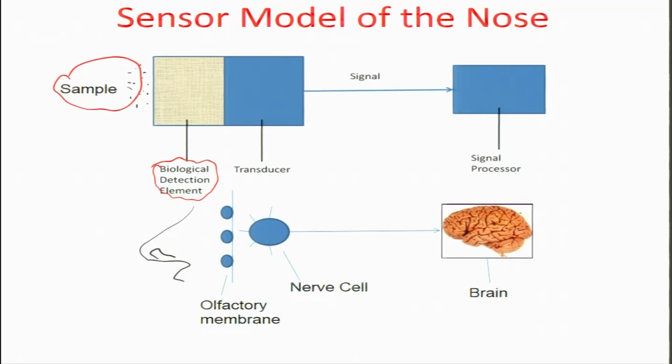Transduction is the result of several such electron exchanges, which then go through a nerve bundle into the signal processor. In this case the brain is the signal processor, and the nerve cell is responsible for all the charge transport. It is a part of the central nervous system, corresponding to certain chemical reactions on the olfactory membrane. Okay, so that is how you can lay out the sense of smell.